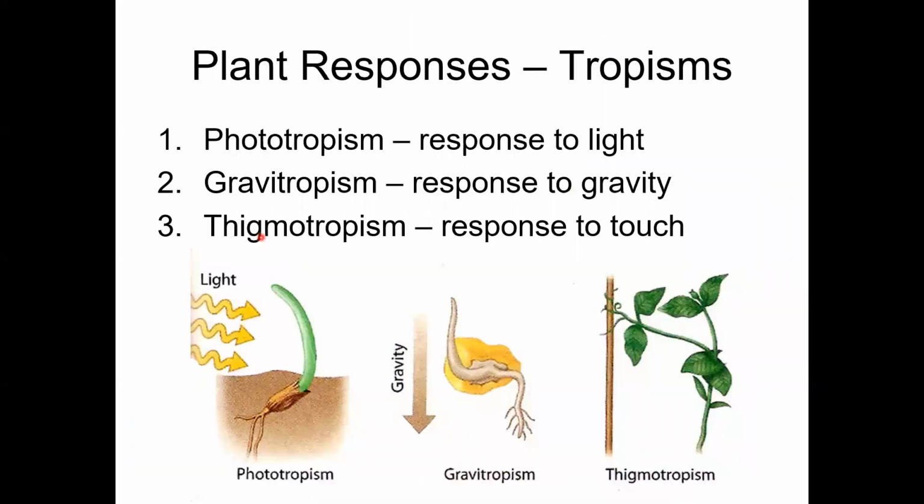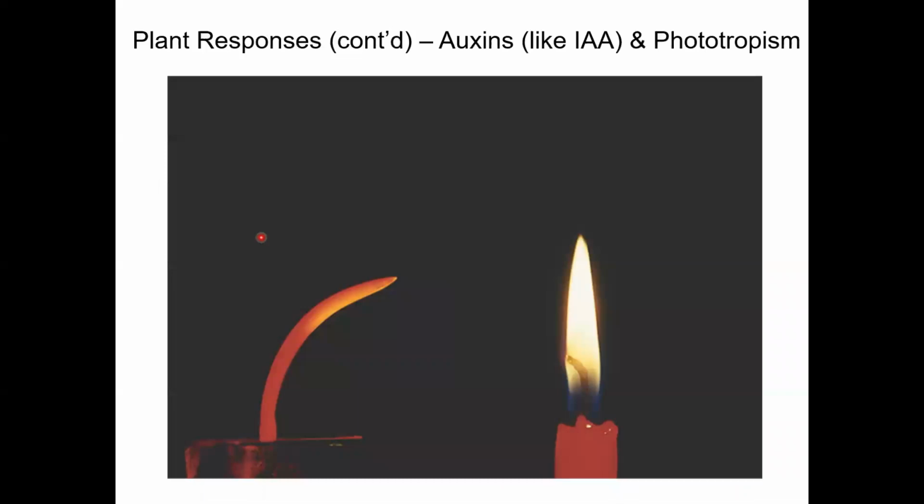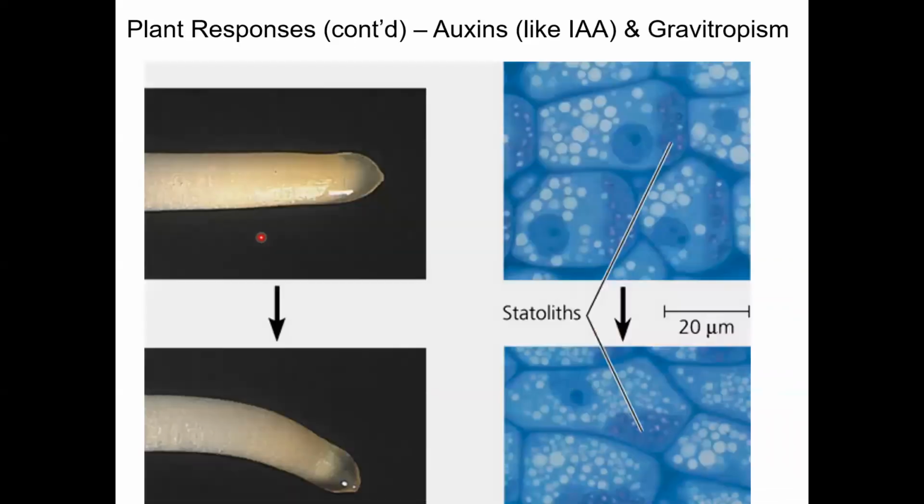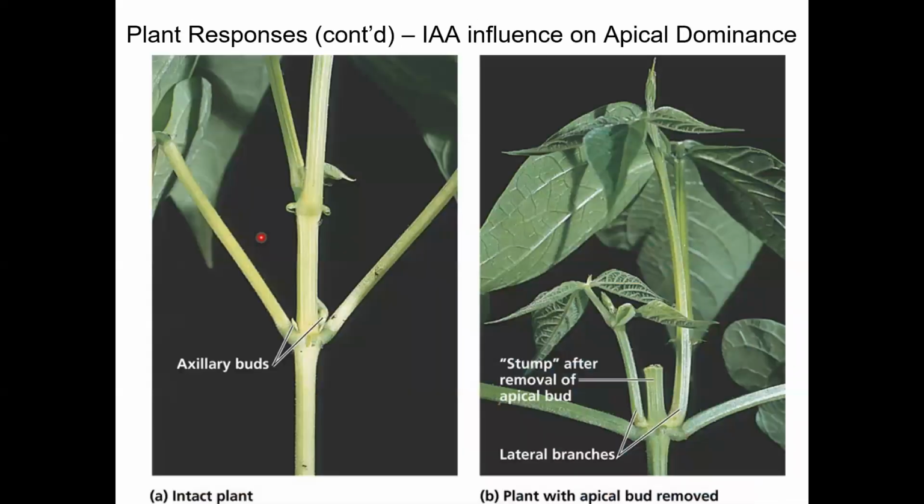All right, we already talked about this slide and the 3 major types of tropisms, the most commonly talked about: photo-, gravi-, and geotropism, which are non-reversible movements. This is an example of phototropism, geotropism, and this is showing what happens to apical dominance, like I described with my southern swamp oak.